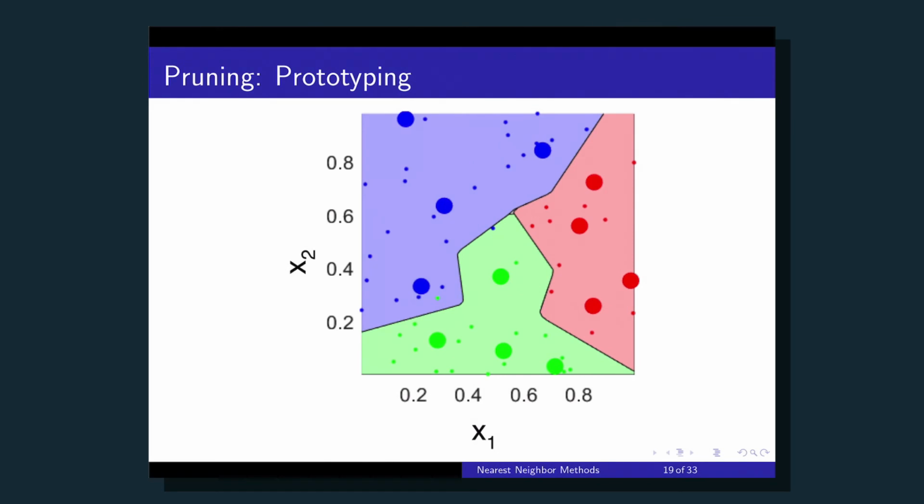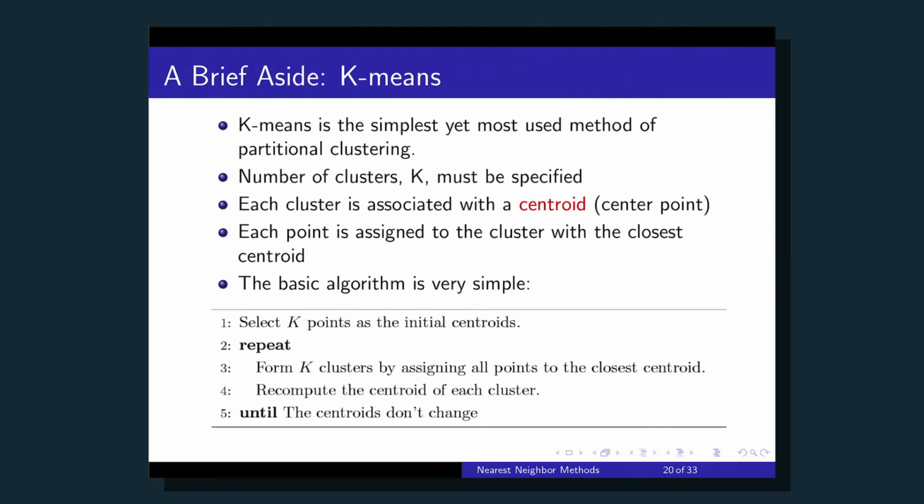So here, for example, if this is my centroid after k-means, all of these points that are closest to it are going to be represented by this point only. This gives us exactly what we need. The algorithm is very simple for k-means.